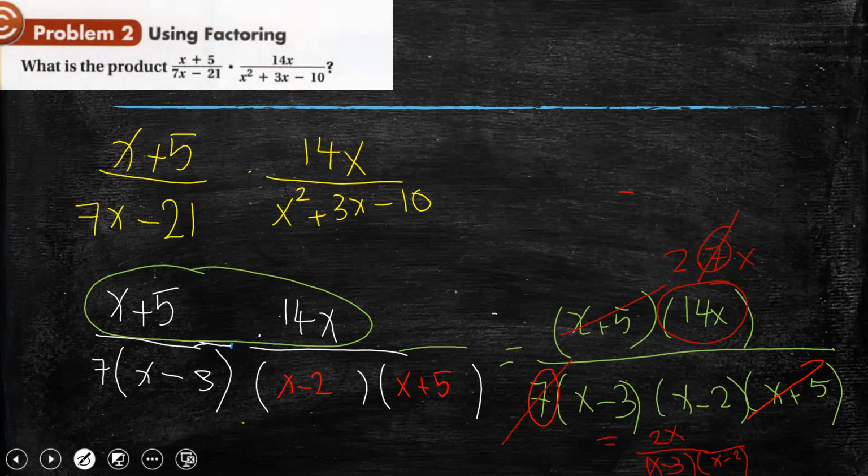Okay, thank you. Now let's continue. If they didn't tell you to find the excluded value, don't solve it. Here, look at this. What is the product? We didn't tell you to state the excluded value. If you want to state it, you have 3 or 2 or -5, but this is not for you this year.